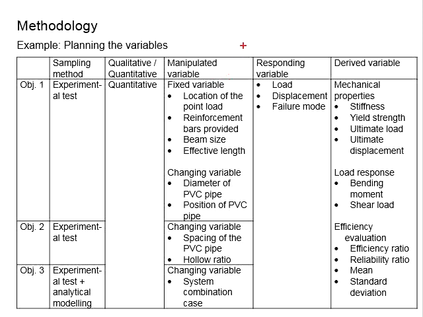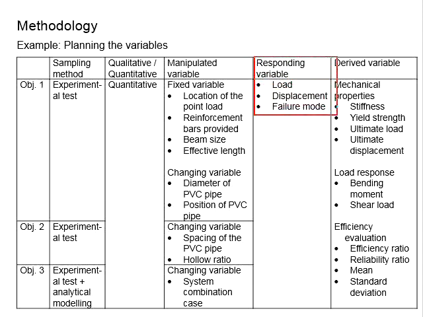Now you would like to look at the responding variables. These are the data that you're going to acquire during the testing. Having all these variables set within the specimen, now you put the specimen to the test. There will be measuring instruments installed. You will have to acquire the loads, displacement, as well as the failure mode during the experiments.